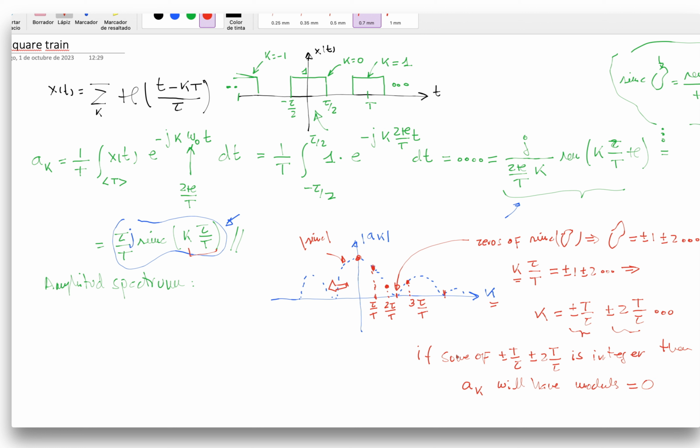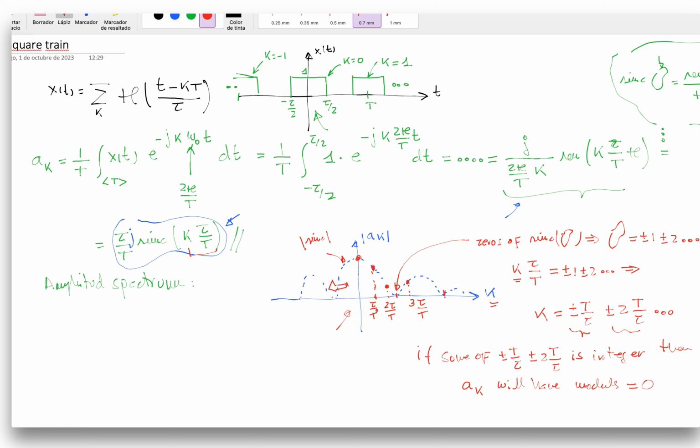That's the condition. In general, the division of capital T divided by tau will not be an integer, nor 2 times it, nor 1 times it, etc. So in general, the situation will be this. But for certain values of tau and T, it may happen that some of the values of a sub k will be 0, because instead of being here, for example, they are here.